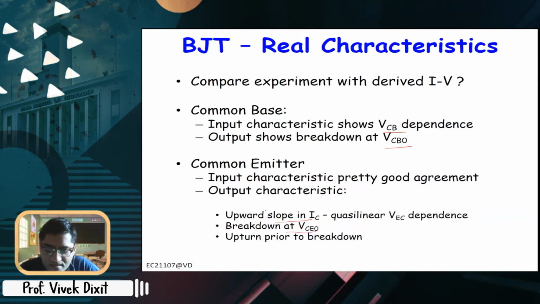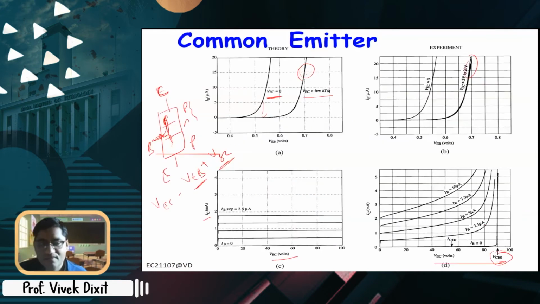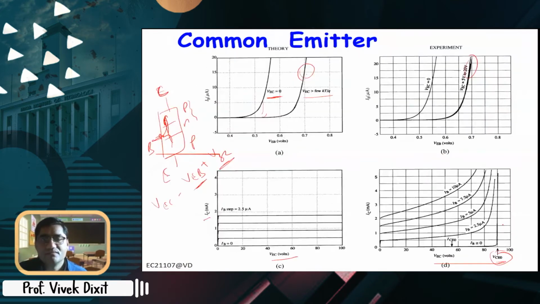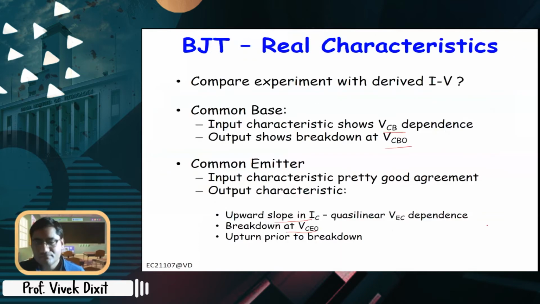Then at the breakdown, it increases, but that breakdown is not so sharp in the case of the emitter, right? In the case of VCB, it's fairly sharp, right? So these two things we will see. So let's go one by one.